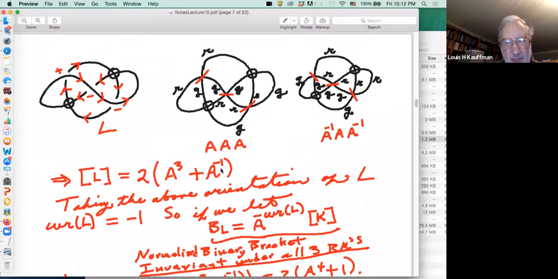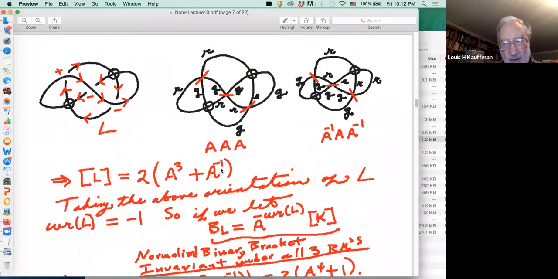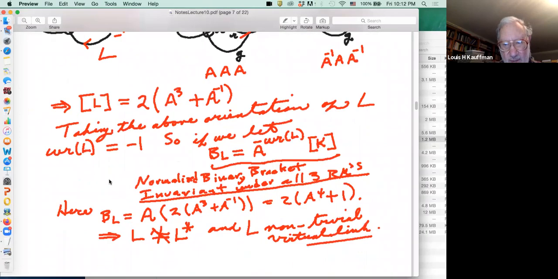And then, since we're interested in writing down a fully normalized invariant, we'll take the above orientation so that the writhe of this is minus 1. So we're going to have a to the minus writhe, which is an a, multiplied by the value of the bracket, and we get 2a to the fourth plus 1. And that tells us a couple of things.